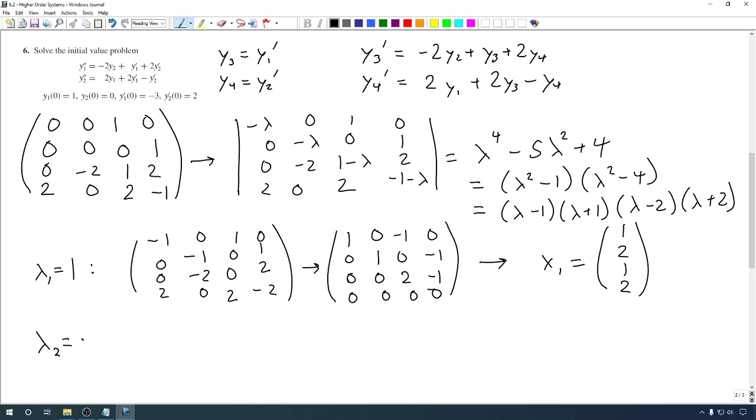Lambda 2, I'm going to say this one's the negative 1. Do the same kind of thing. Try to get them a little bit better lined up this time. So now we're subtracting negative 1 from 1, so this becomes a 2.